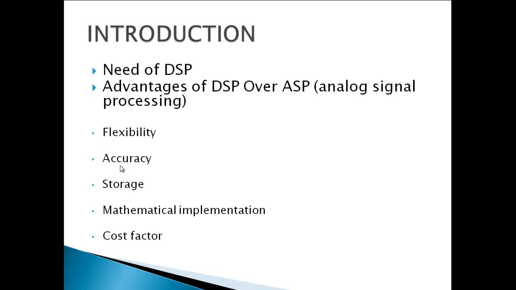Next is the storage. The digital signals can be easily stored on storage media such as magnetic tape, discs, etc. Whereas analog signals suffer from storage problems, like noise, distortion, etc. Hence, because you can easily store digital signals, they are easily transportable compared to analog signals.